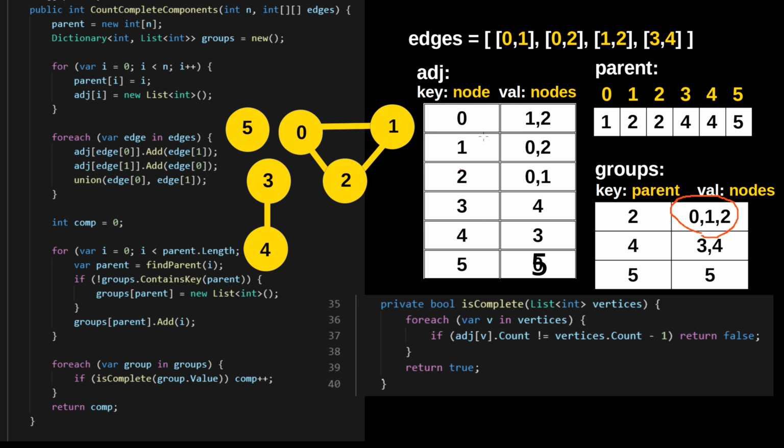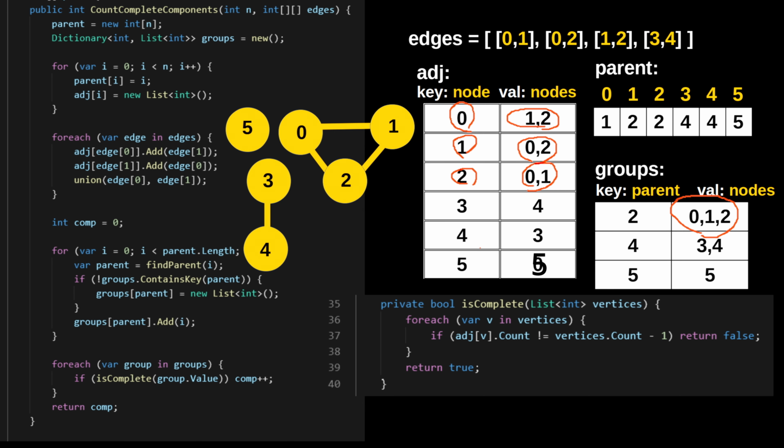Let's take a look at the first group. We have 0, 1, 2. For 0, when we check against the adjacency list, we see that there are 2 edges. For 1, we also see that there are 2 edges. For 2, the same thing. So this one is a complete component. I increment this count by 1. And at the end, I return the number of complete components found.